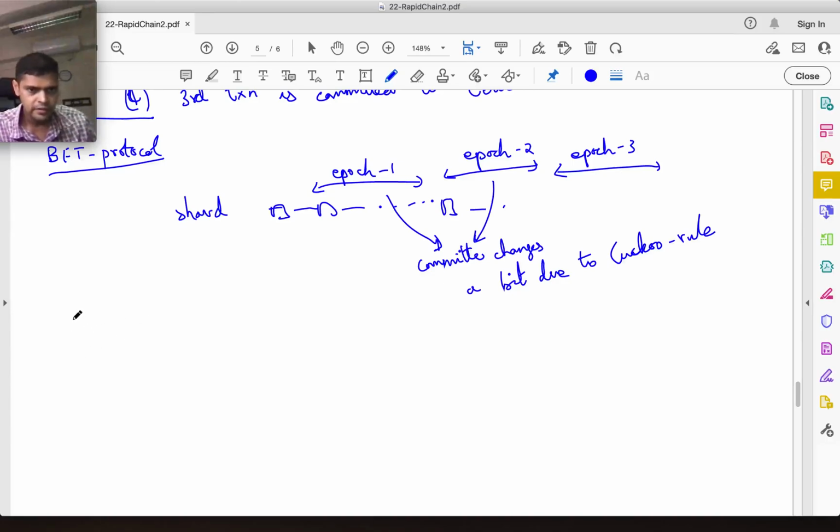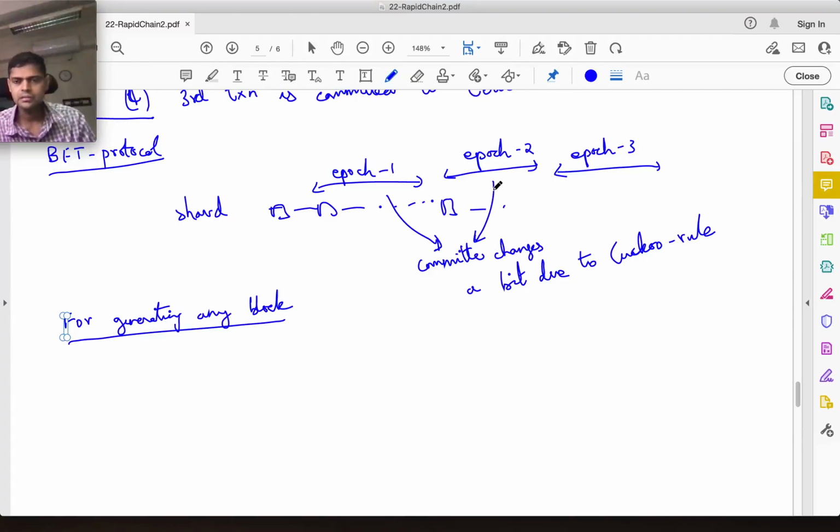So you have, for every block, let's say for generating a block, okay, all the committee members know who the others are, at least they know the public keys, right? And from those public keys, they use some method to randomly choose a leader.